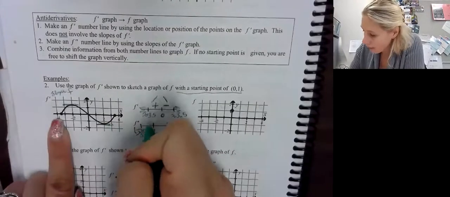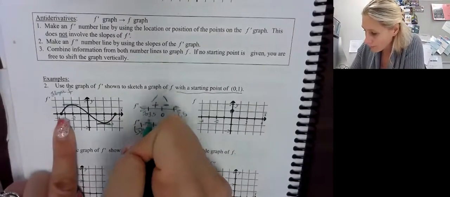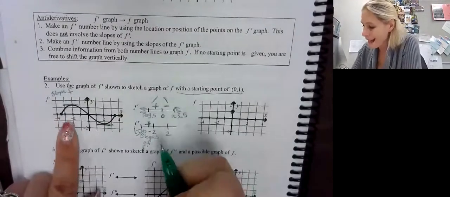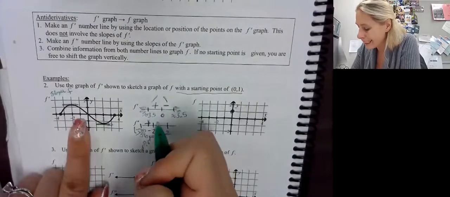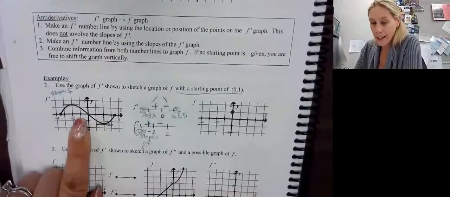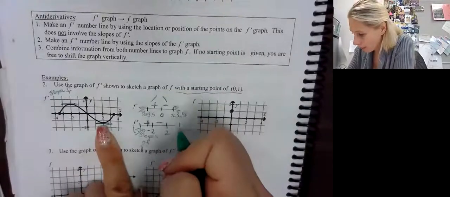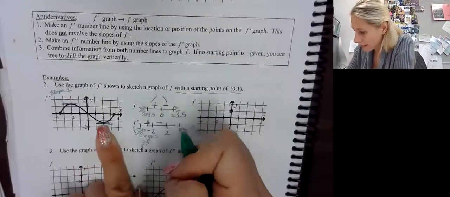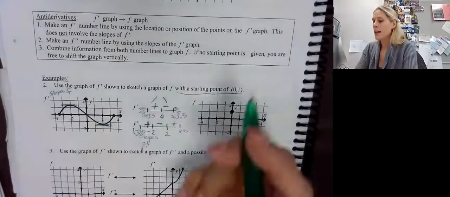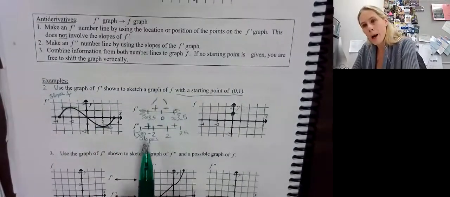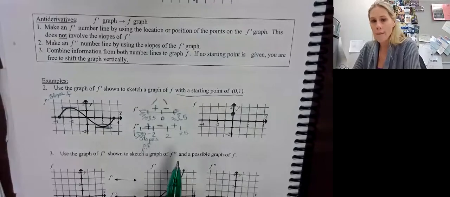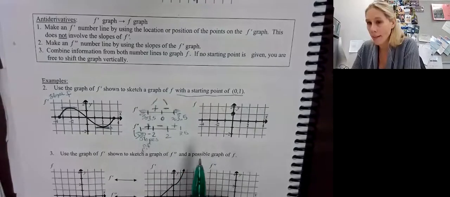So that means these values are positive. Between -2 and 2, it's decreasing, so it's negative. And then after 2 to 3.5, it is increasing. Now, what does f double prime tell us about our original graph? It tells us about concavity.